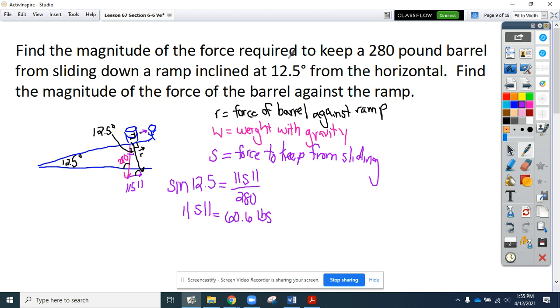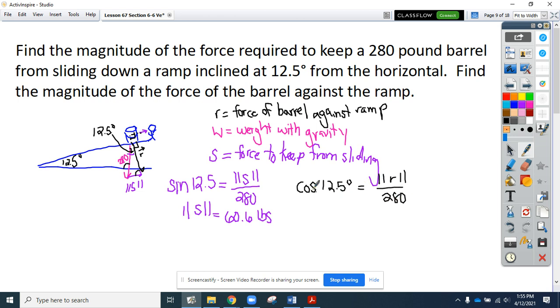And then it also says find the magnitude of the force of the barrel against the ramp. So force of the barrel against the ramp, I called R, and it's in black. So now we're looking for this side. So now we're going to use cosine. Cosine of 12.5 is the magnitude of that vector R divided by 280.